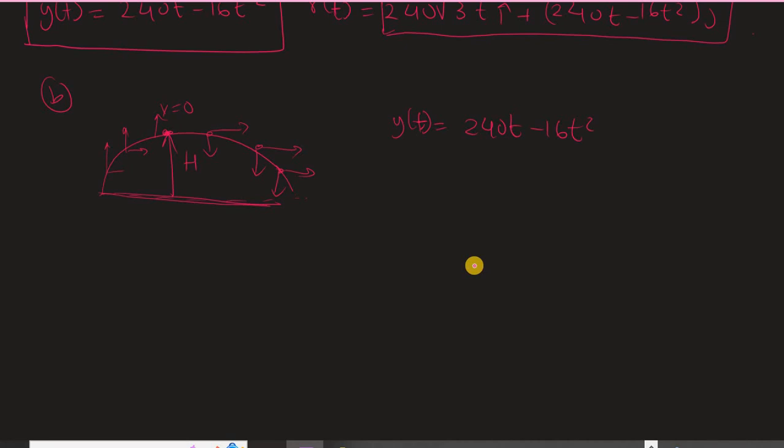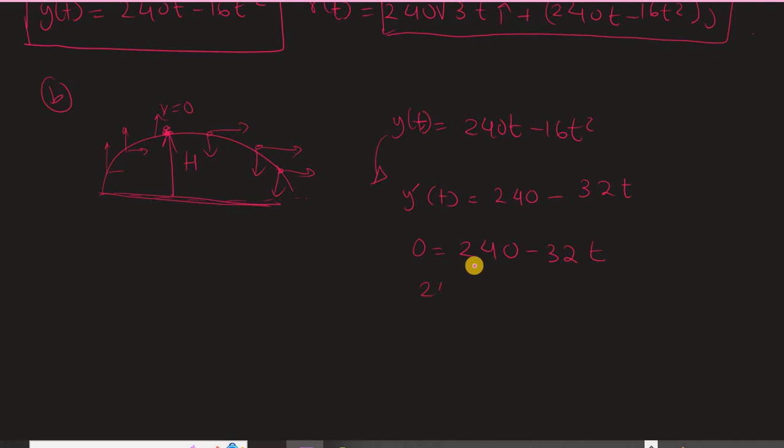If you want to find the velocity, do you remember how to calculate velocity from position? Right? We take the derivative of it. So let's just take the derivative to find the velocity. If we take the derivative of it, we get 240 minus 32t. Now we need to make it equal to 0. So now let's make this velocity equal to 0.